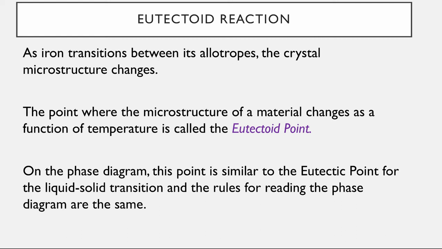Well, the eutectoid is similar, the rules for reading the phase diagrams are the same, and so you might have, say, at 850 degrees, both austenite, or gamma iron, and low temperature ferrite, or alpha iron, but as soon as you get to 727 degrees Celsius, everything transitions to alpha iron, or that low temperature ferrite.